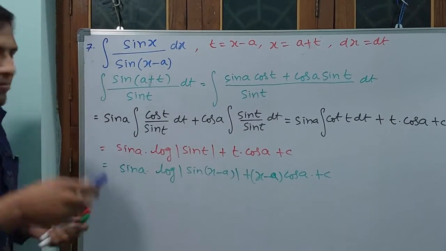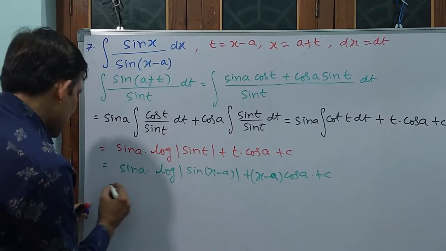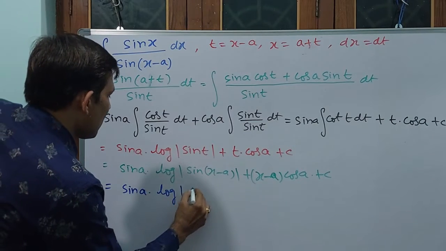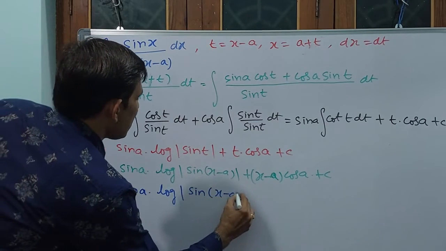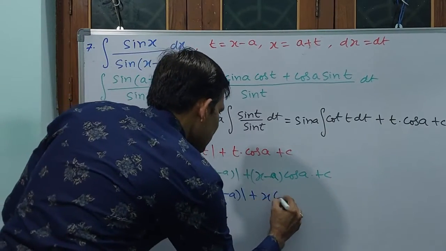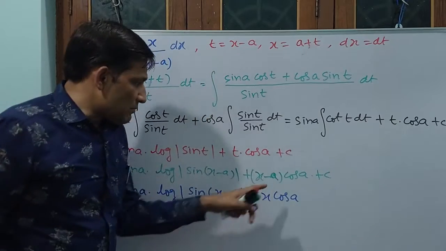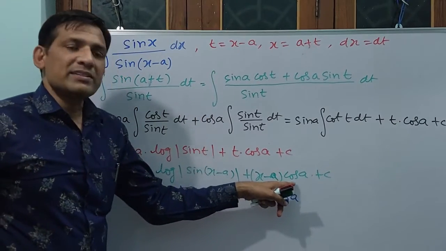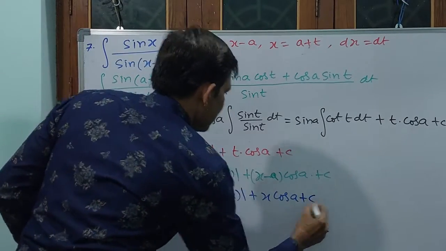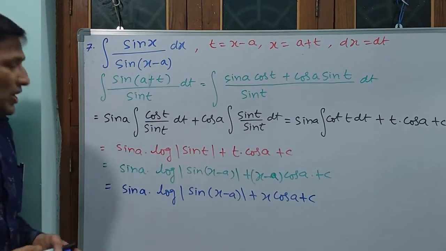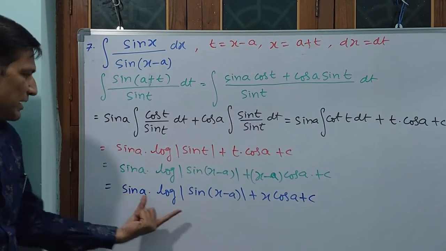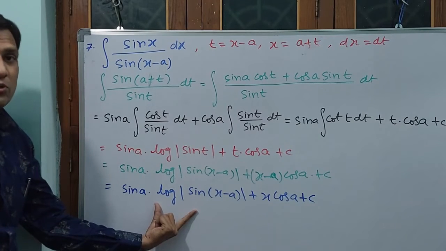Okay, your answer will be like this: sin a log of modulus of sin of x minus a, this is okay, but plus x cos a, write down x cos a. Afterwards minus a cos a also will come, but minus a cos a is purely constant. The constant term we are mixing into the constant, plus c. You understand the concept? Here you cannot take this. Why? Because here the constant is not plus or minus. Multiplication is there. That is why you cannot take it out.